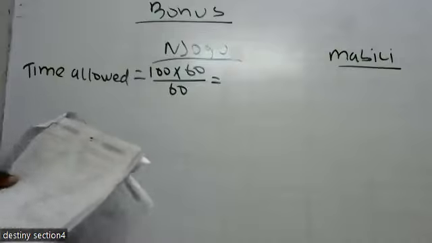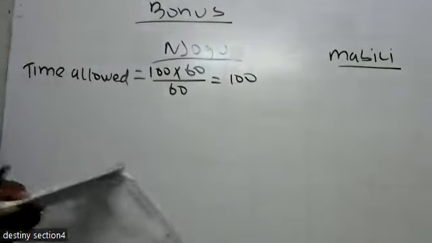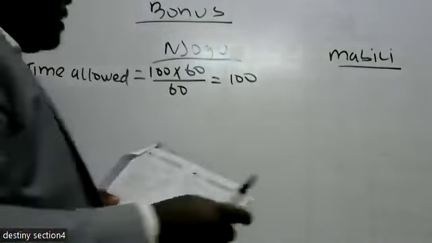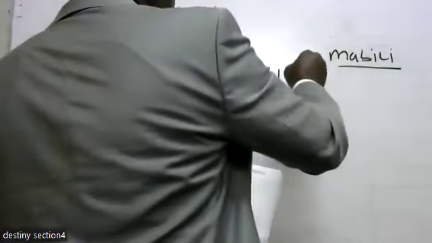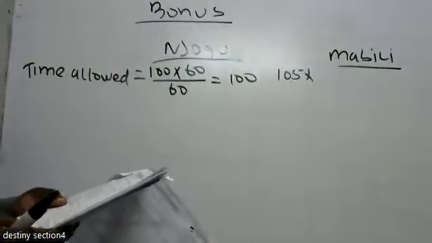So how many hours? 100. Mabili was supposed to make how many units? 105. So each unit required how many hours? 50.